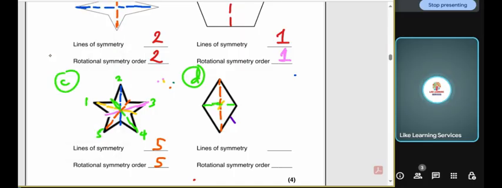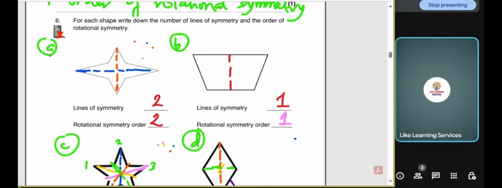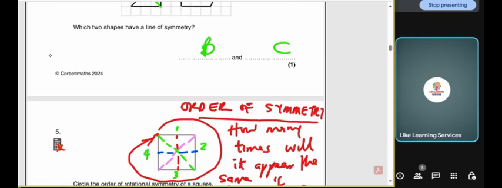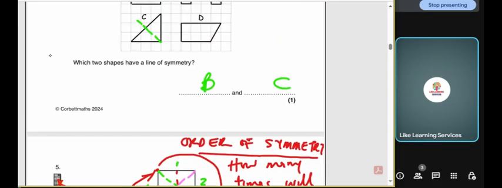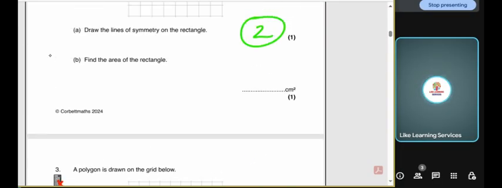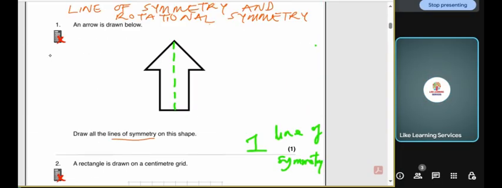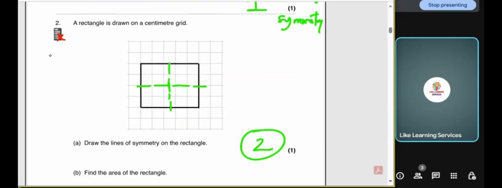So only 2 lines of symmetry. All right. Which other ones did we talk about earlier? For this rectangle, only 2 lines of symmetry.